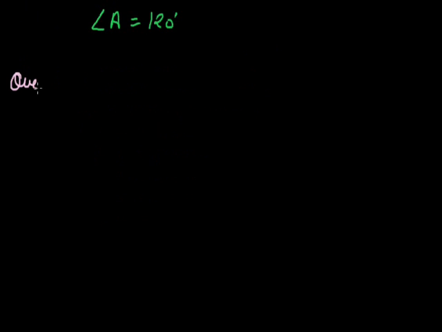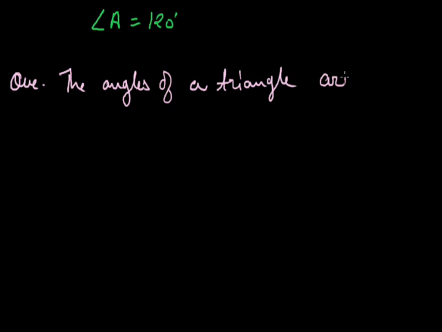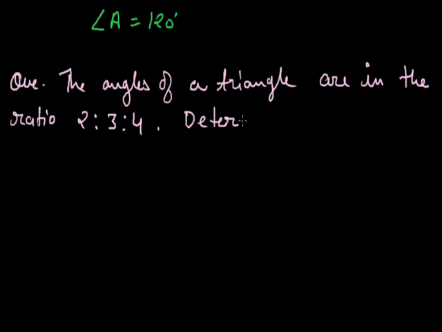120 degree. Another type of question is the angles of a triangle are in the ratio 2:3:4, and we have to determine the three angles.